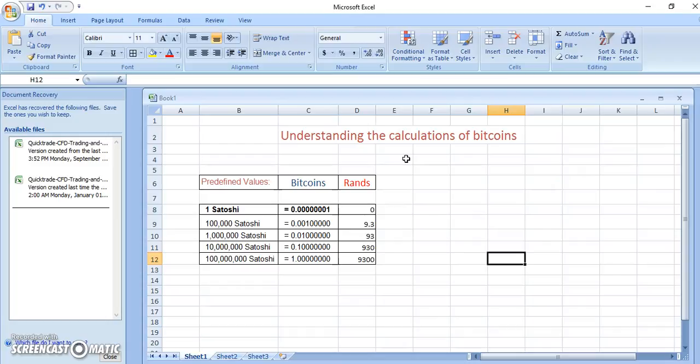And I believe in your first lesson you read that Bitcoins are made up of Satoshis, or the smallest part of a Bitcoin is a Satoshi. So when you bring together all these Satoshis, they make one Bitcoin.